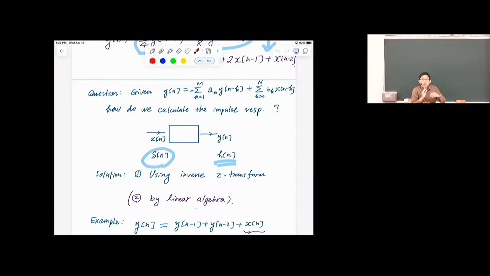Can we express the impulse response in terms of, let's say, a sum of several geometric sequences? 几何数列, 等比数列. And actually, we can. The form of the solution can always be written as a sum of geometric sequences.